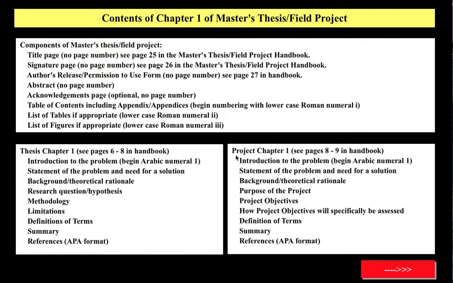So if you're doing a project, this is what should be in your chapter 1, and these are the subheadings, and they are outlined on pages 8 and 9 in your Master's Thesis Field Project Handbook. Okay, so that will be your chapter 1. And we will be discussing this as we meet, but I wanted to give you an overview.